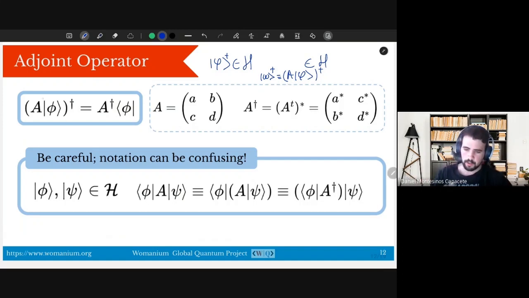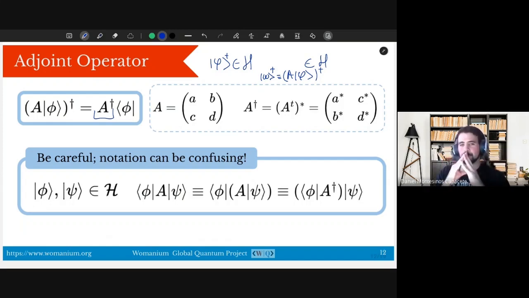We denote this in this way. If we have the adjoint operation acting on this vector, we write this. This is the bra that we have already discussed a little, and this would be the adjoint operator. And what is the adjoint operator?